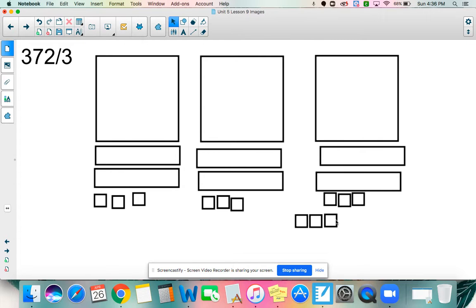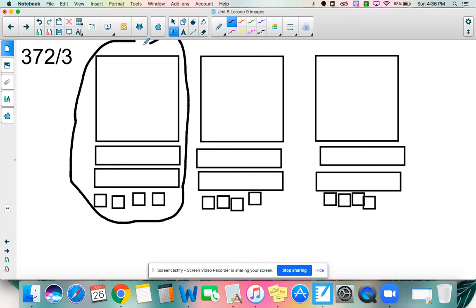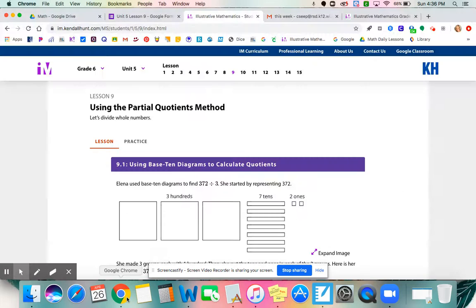Oh, and I have 3 left, so that's perfect because I'm going to go 1, 2, 3. So that means my solution to this, each group has 1 hundred, 2 tenths, and 4 ones. So the solution is 124. If I split this value into 3 groups, each group has 124 in it.